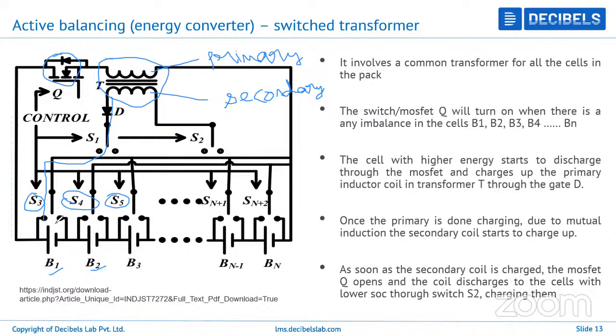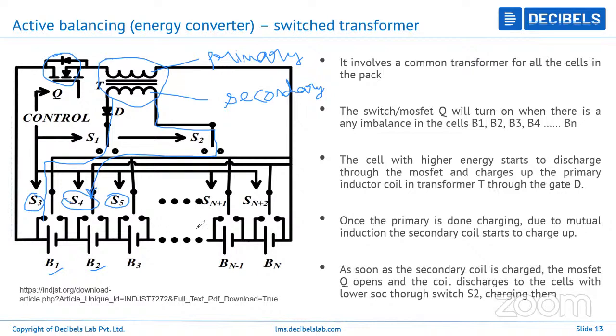The cell B1 will start to discharge through S3. It will go to the transformer, charge up the primary induction coil, and then charge the secondary induction coil. And then it will flow into S2 and start to charge up cell number B2. Likewise, it can do it for any other two cells, for example B1 and B3, or B2 and B5.